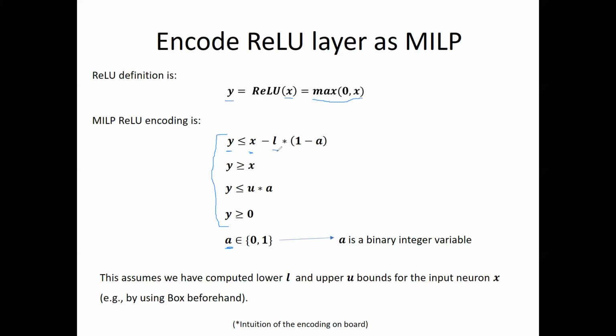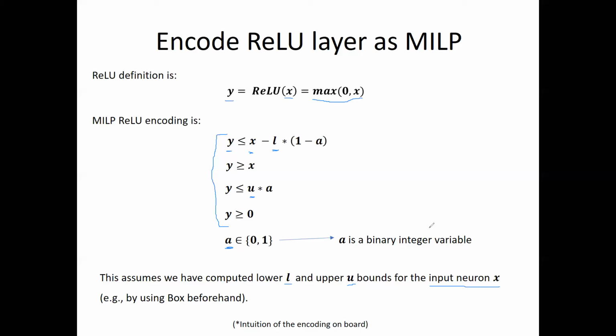So what is this L and U business? This is where the precomputation with an incomplete method helps the encoding a little bit. L and U are just the lower bound and the upper bound that we have computed for the input neuron X. For instance, we may have executed the box analysis of the input, and for a given neuron X, we may have determined that X is in the range -2 to 2.